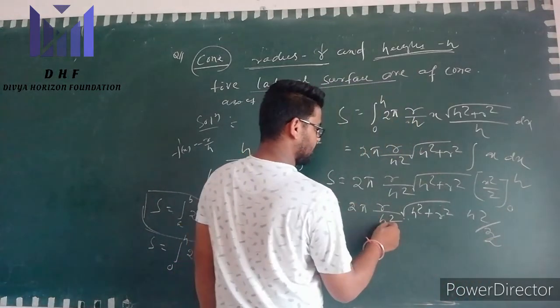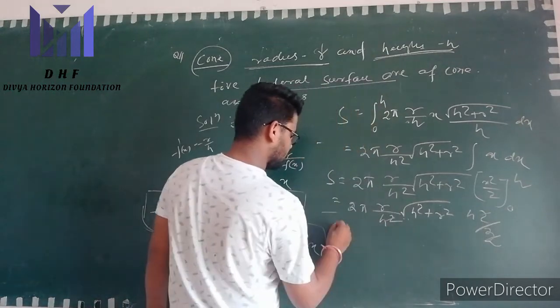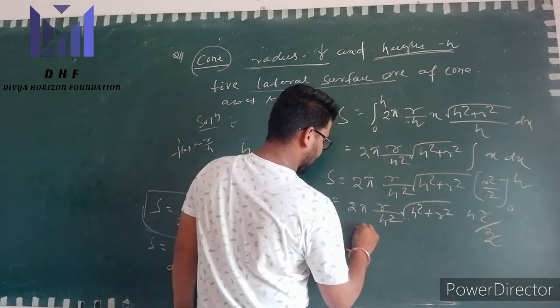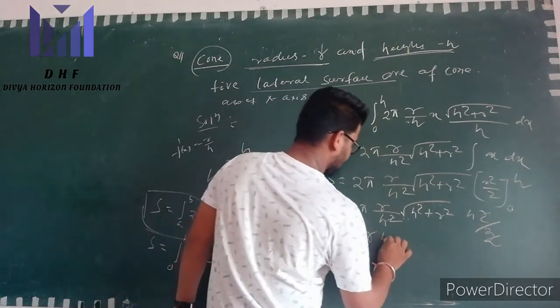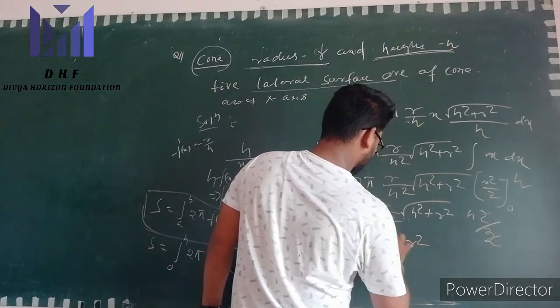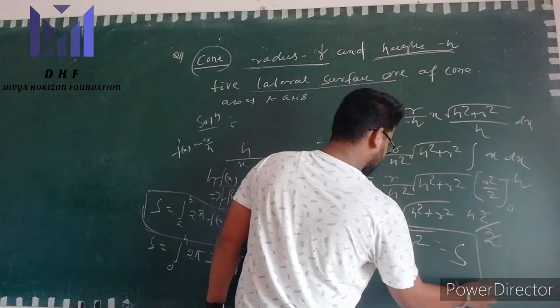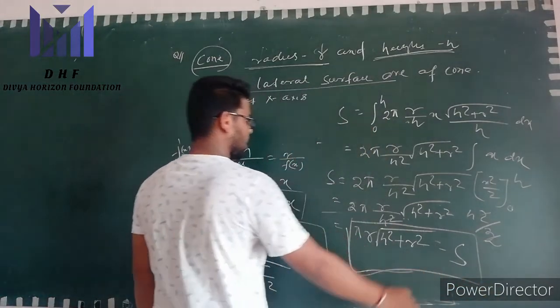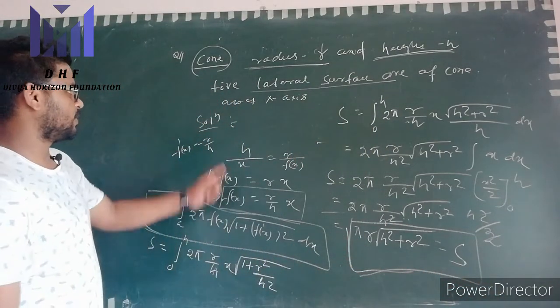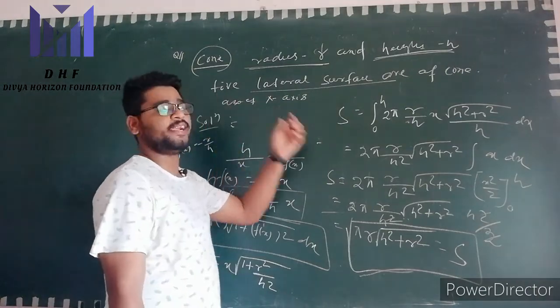The 2 cancels and the h cancels, then the value is pi r root of h square plus r square. This is the lateral surface area of a cone whose radius is r and height is h.